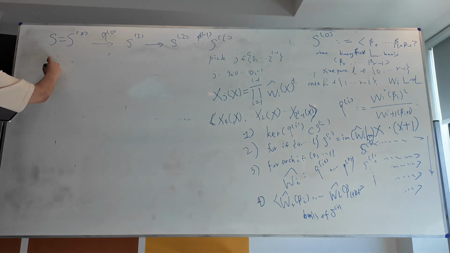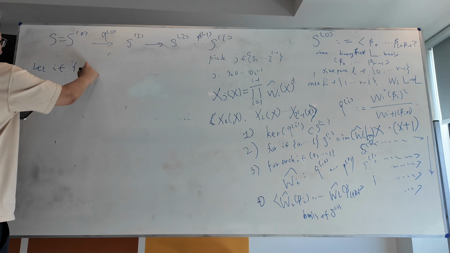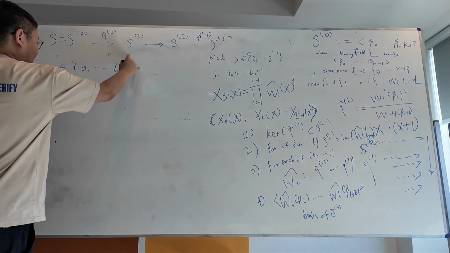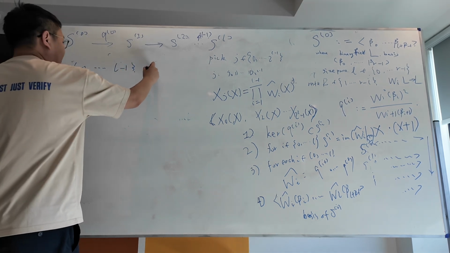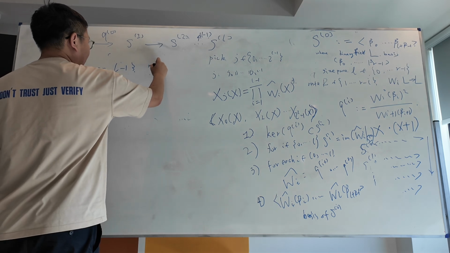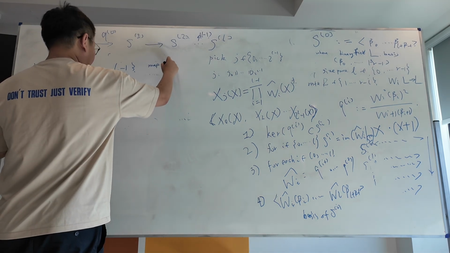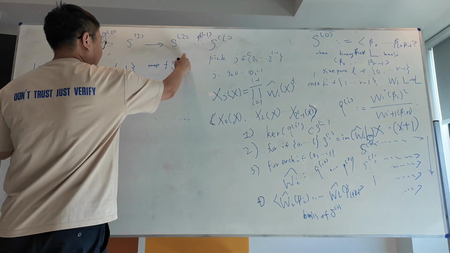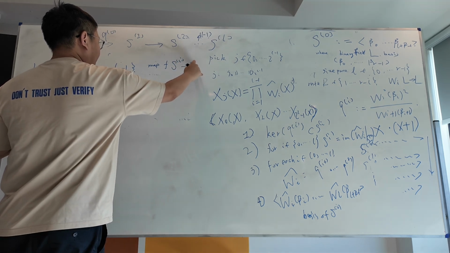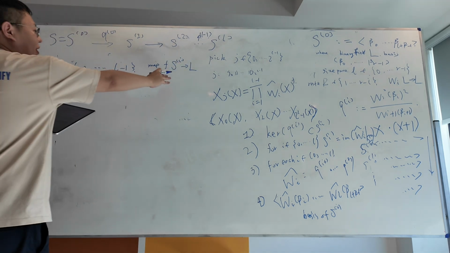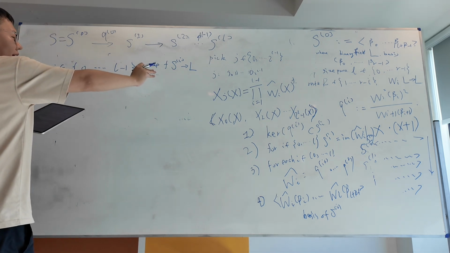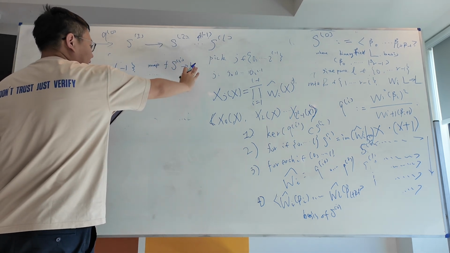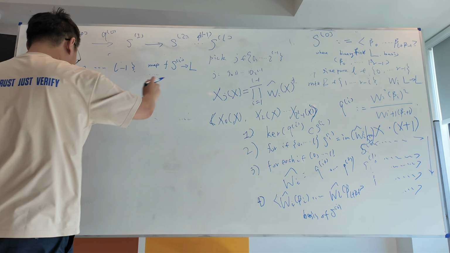So let i in this, and we have a map F that maps to L. So F is just evaluating from here to your numbers, so L will be the numbers.